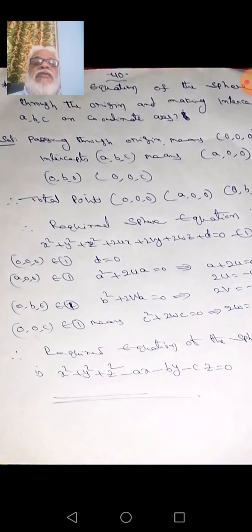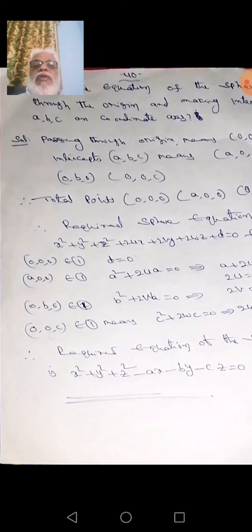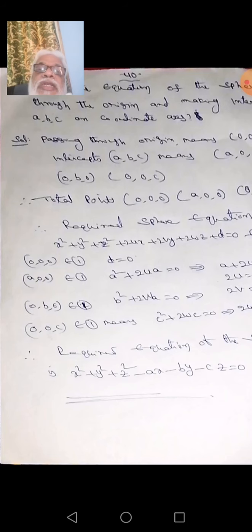The required sphere equation is x square plus y square plus z square plus 2ux plus 2vy plus 2wz plus d is equal to 0. The point (0, 0, 0) lies on it, which means d is equal to 0, because whenever the equation passes through the origin, the constant term is 0.